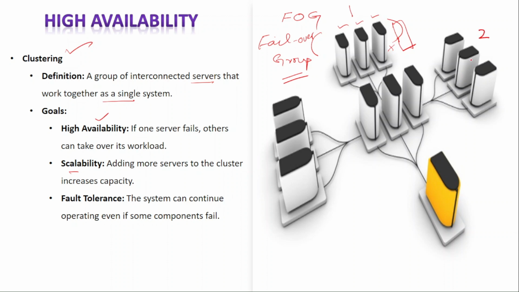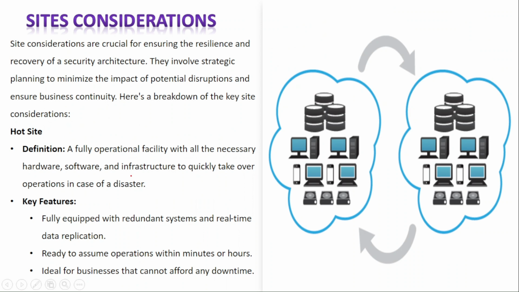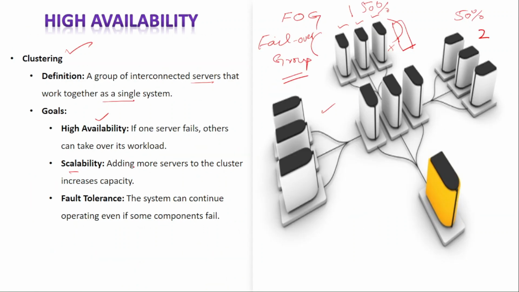You can shift the users, 50% of users maybe served through this fog, and the remaining 50% through this, and so on. You can either increase the number of servers in a fog, or you can increase the number of fogs. And it also, as we studied, provides fault tolerance, because the system can continue operating if some components, or if some of the members of the fog or the group or the cluster fail.